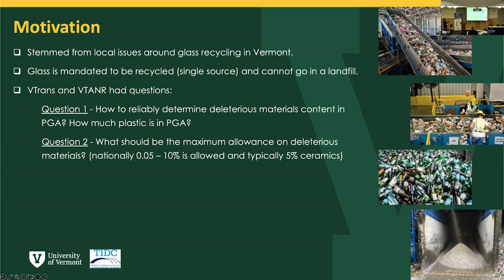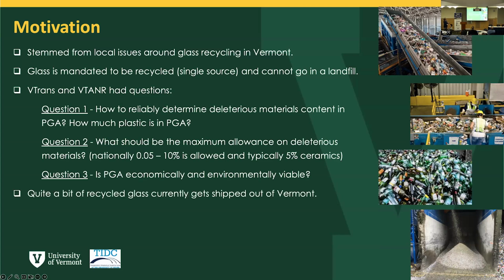The allowance varies between 0.05% to 10% for deleterious material content, and typically 5% ceramics or china. And the third question is, at least for Vermont, does it make sense economically and environmentally? Unfortunately, right now, quite a bit of recycled glass actually gets shipped out of Vermont, which adds a lot of money to the transportation and emissions.